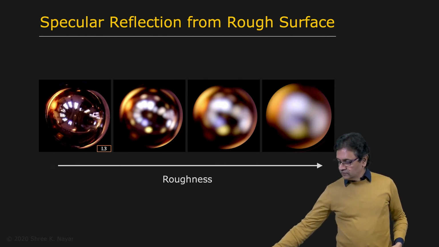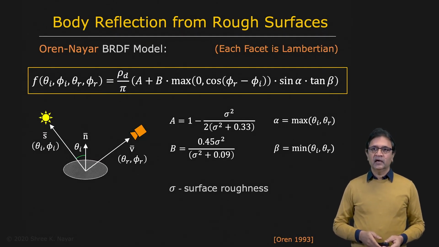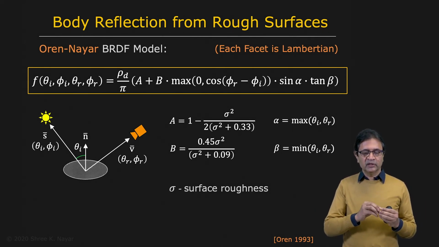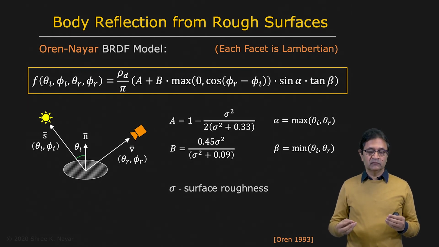And then at the other end of the spectrum, you can play the same game. What you can do is now say that you have the same microfacet model for the surface, but rather than assuming that each facet is specular or mirror-like, we can assume that it's Lambertian. This can also happen.